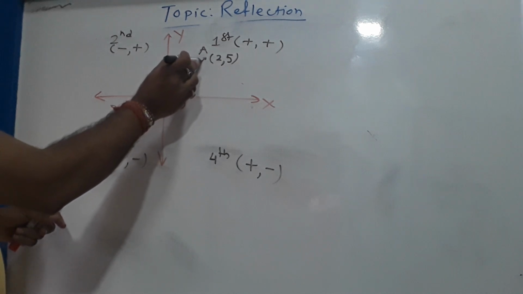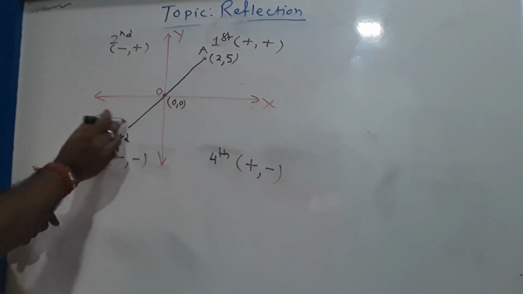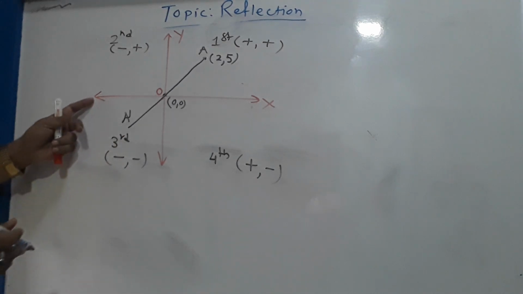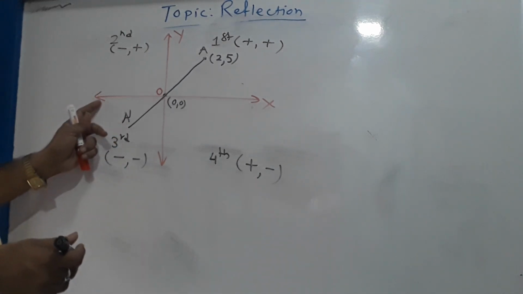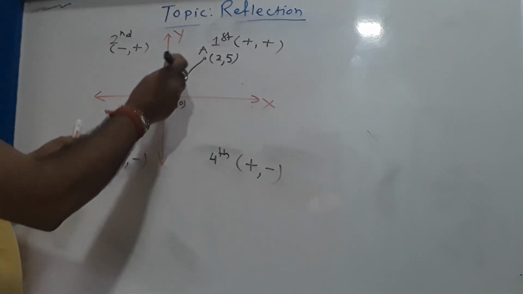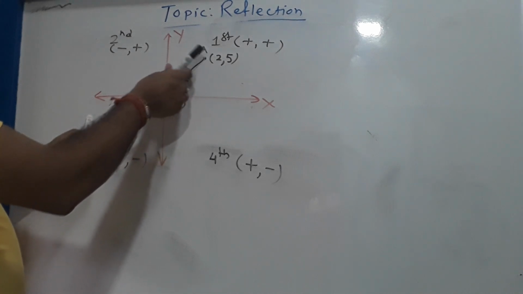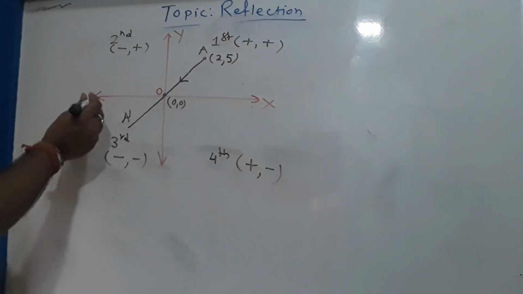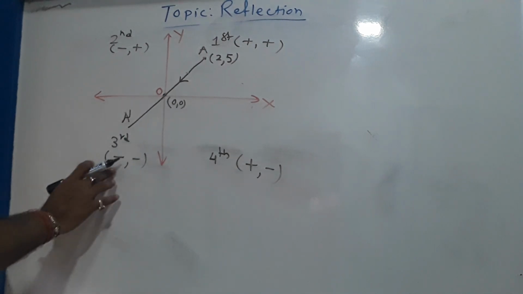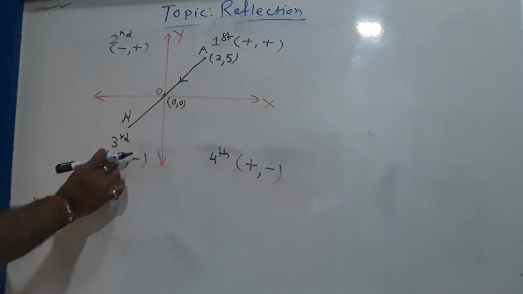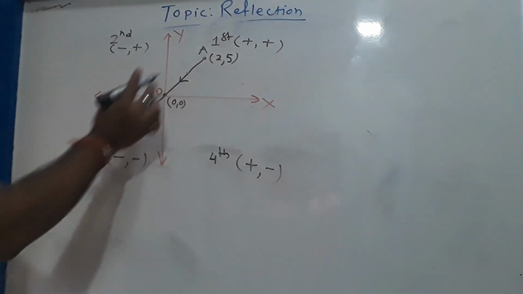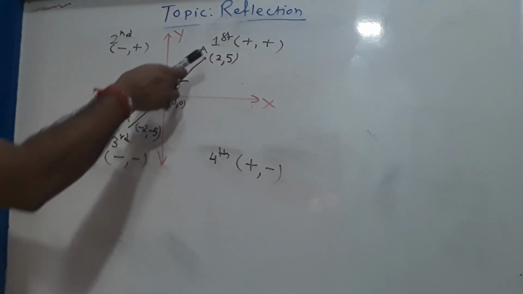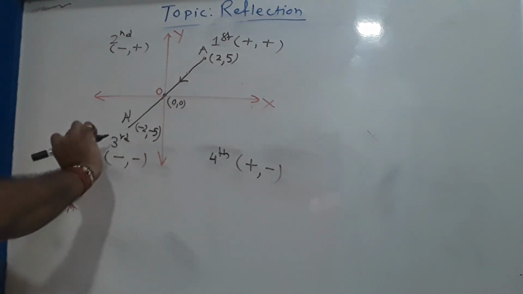So A will go to A dash. Where is A dash? In the third quadrant, where both are negative, minus minus. So 2 will become minus 2 and 5 will become minus 5 when we take reflection in origin.